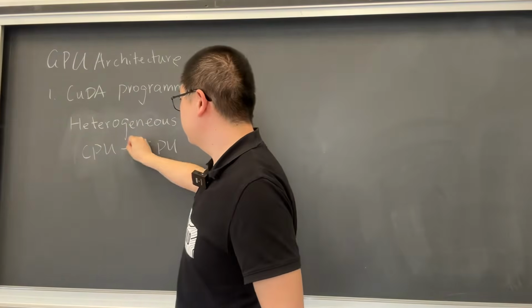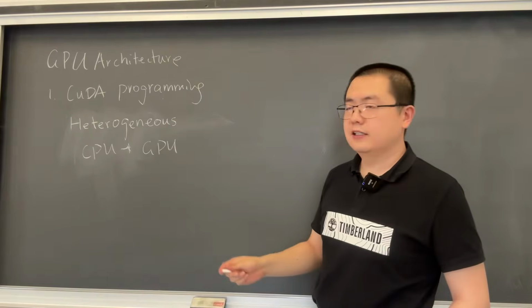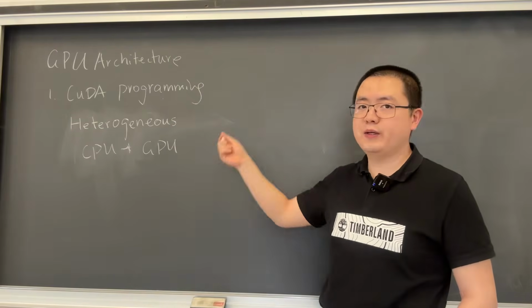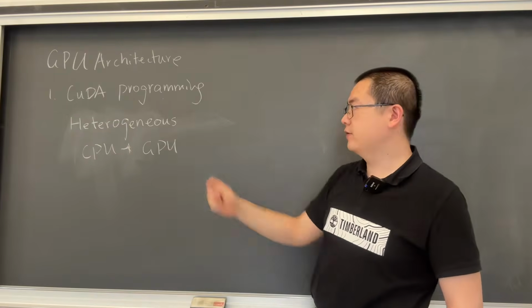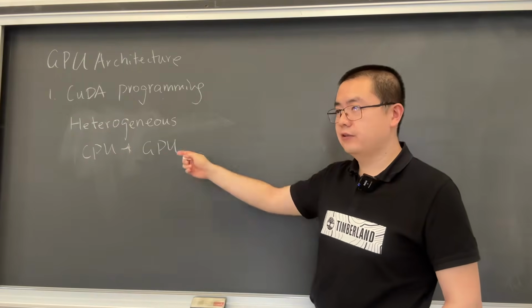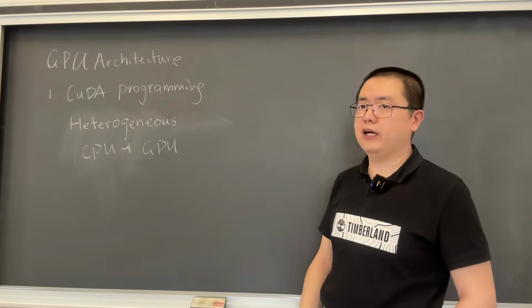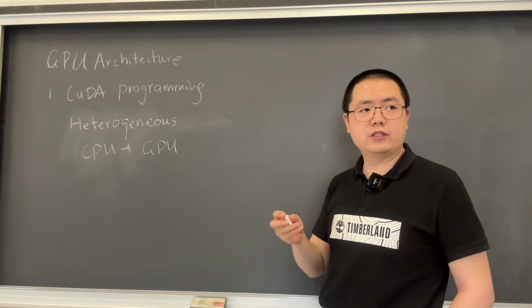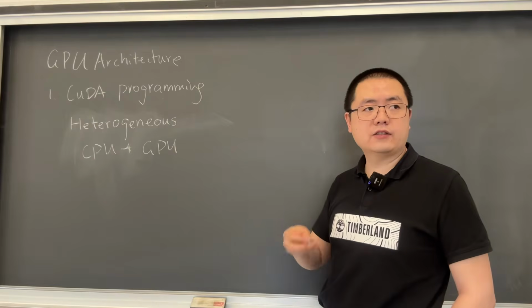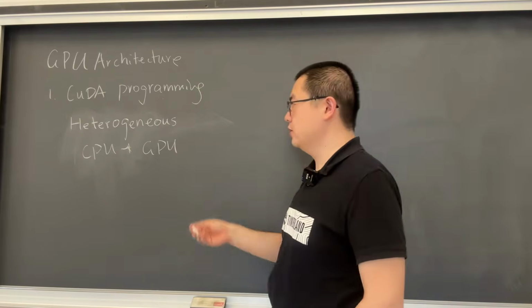So these 2 devices are used together. Today, when we talk about heterogeneous, we may talk about other accelerators, but for a very long time we only referred to GPU programming. Whenever we say GPU programming, it pretty much equals heterogeneous programming, because GPUs cannot work on their own. There has to be a CPU that controls the GPU.